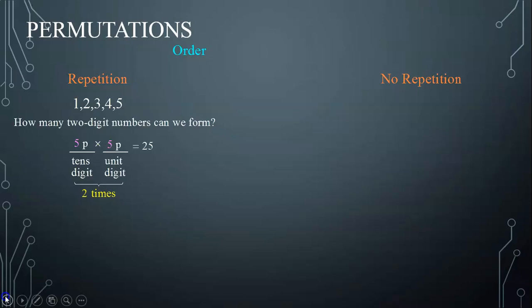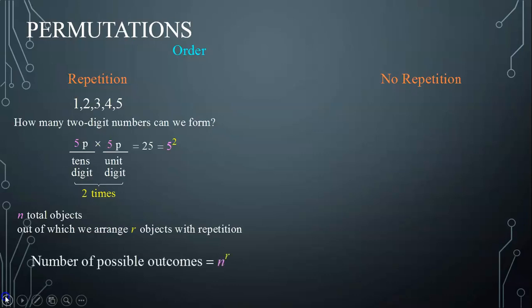Then my final answer 25 can actually be written as 5 squared, 5 to the power of 2. Generalizing that, if I have a total of n objects, out of which I'm arranging r objects with repetition, then the total number of permutations that can be formed is n to the r.